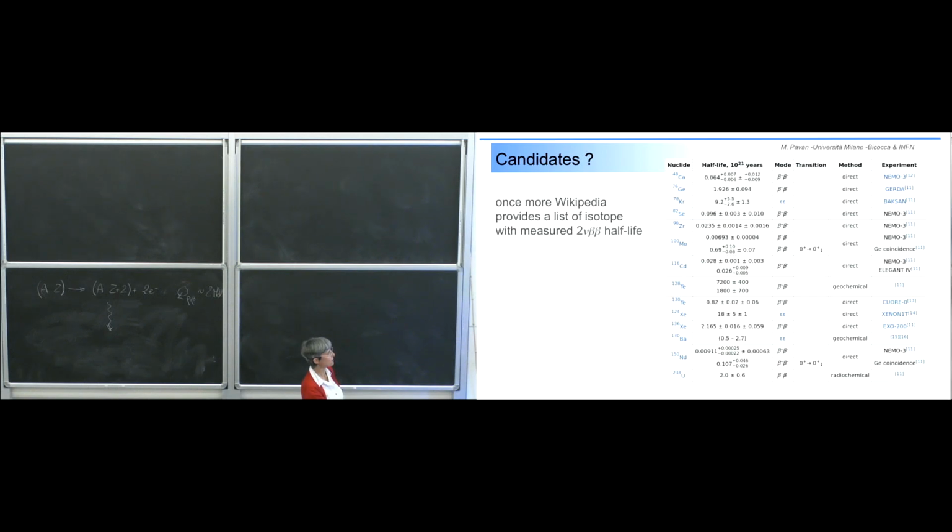When I started working in double beta decay, for both these two isotopes, we had a half-life measured with a geochemical method. And the technique is the following. They looked at two rocks that contained tellurium. Tellurium decays into xenon, and so they searched for xenon atoms inside the rock.